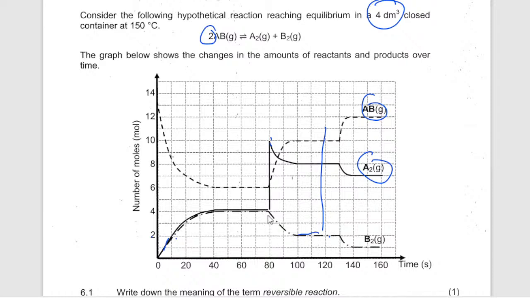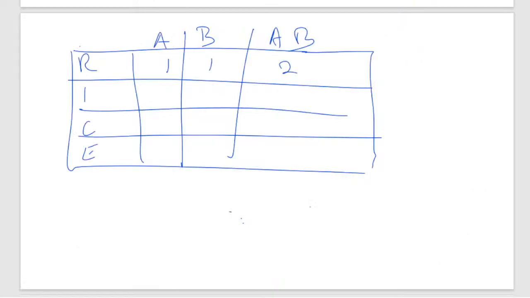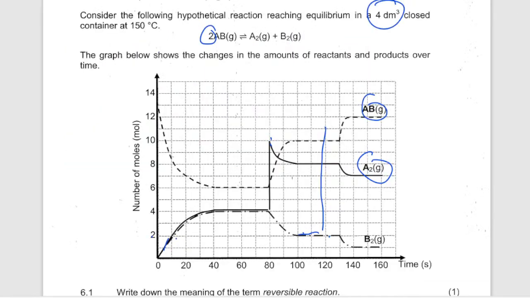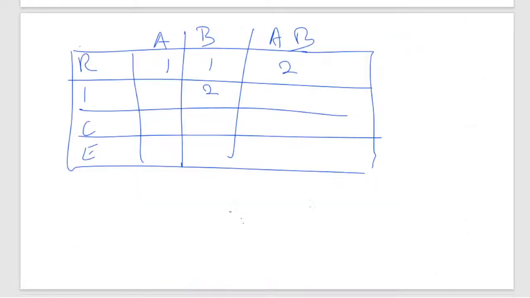B is 2, so I come here and put 2 on B. No, look, this is the initial, what you started with.